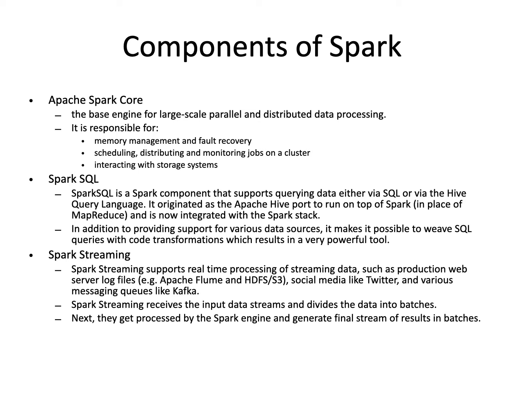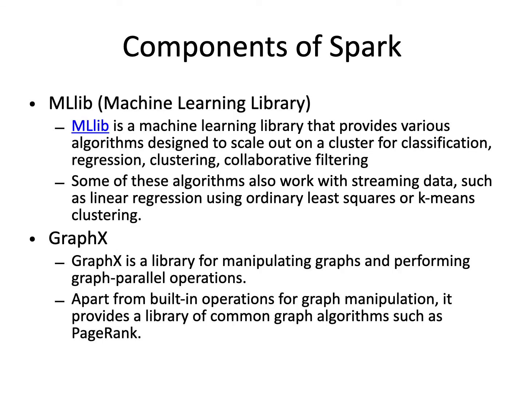Spark Streaming receives the data streams and divides the data into batches, and next they get processed by the Spark engine and generate the final stream of results in batches.